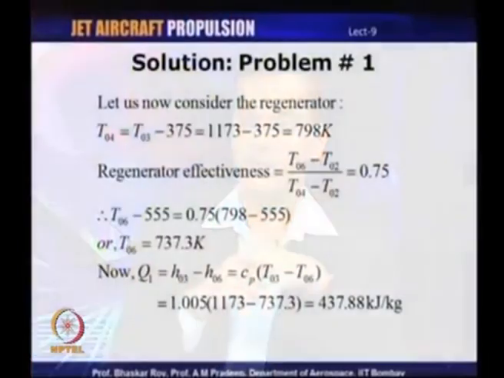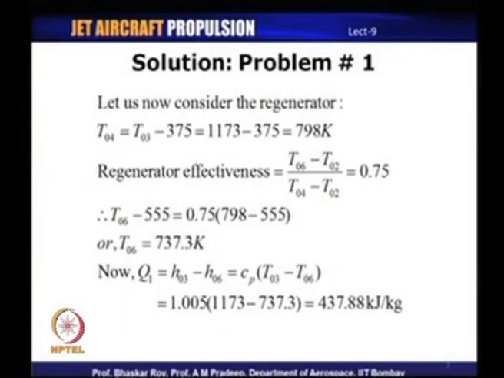Now, if we consider a regenerator, we will need to find a few more temperatures. We will need T04. T04 is T03 minus 375, that is 1173 minus 375, 798 Kelvin. Regenerator effectiveness is given as 0.75, and this is defined as T06 minus T02 divided by T04 minus T02.